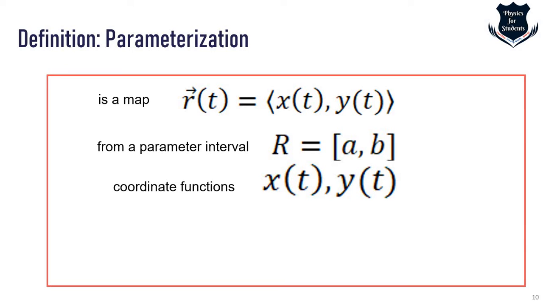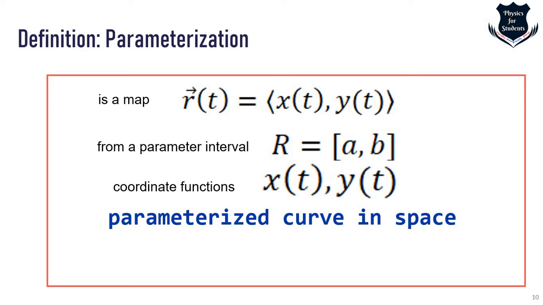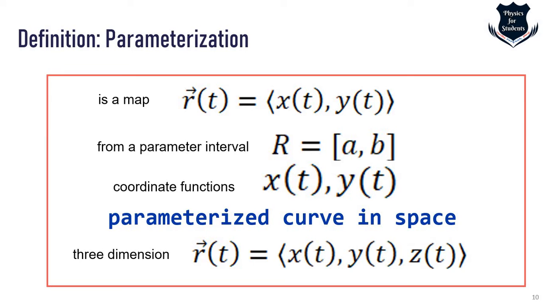The image that we form is called a parameterized curve in the plane or in space. So in 3 dimensions the parameterization takes this shape where we get x, y and z. This is one way of defining parameterization.